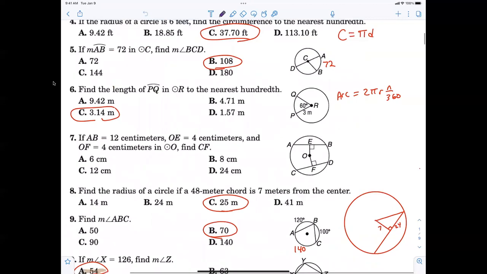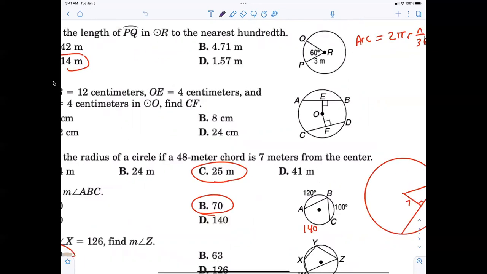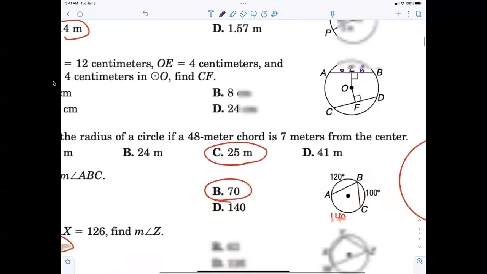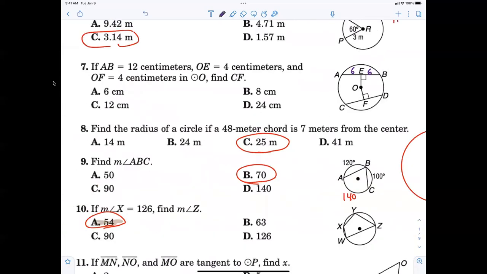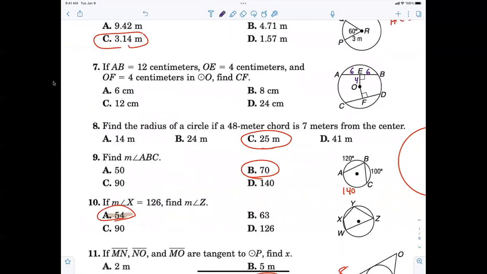Okay, I don't know why I left 7 blank. If AB is 12, that means EB is what? 6, right? And if OE is 4, and OF is 4, find CF.